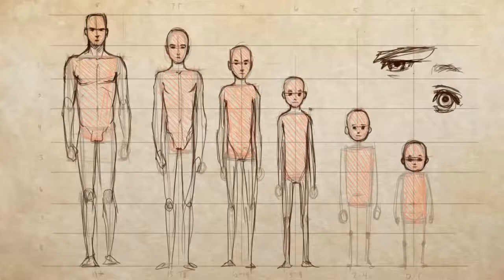And you want to keep this slope of the shoulder a lot more smooth. So here with the adult, it's pretty boxy. And then for the younger kid, the neck's going to be much more soft and delicate, and then that slope is going to be a little more soft as well.